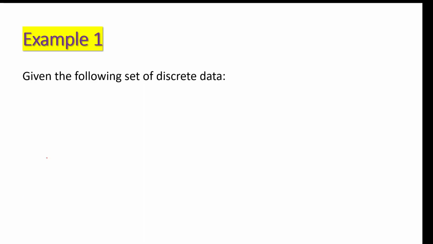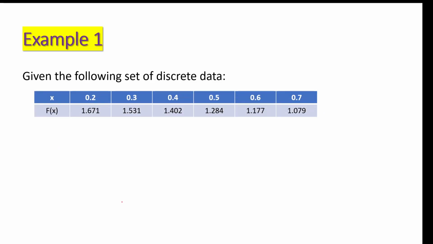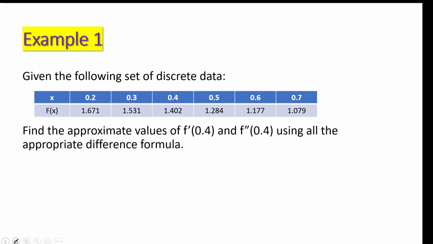Given the following set of discrete data, you have this data. Find the approximate value of f prime 0.4 and f double prime 0.4 using all the appropriate difference formulas.